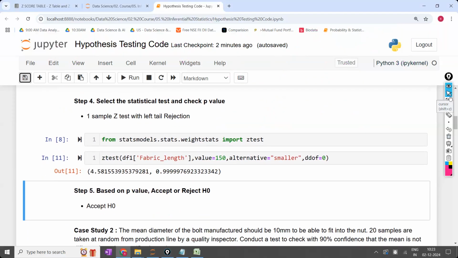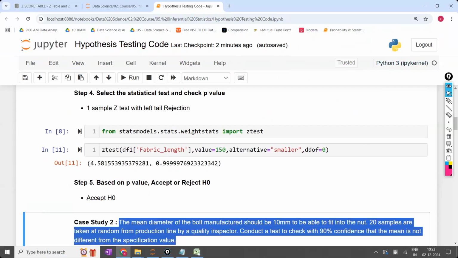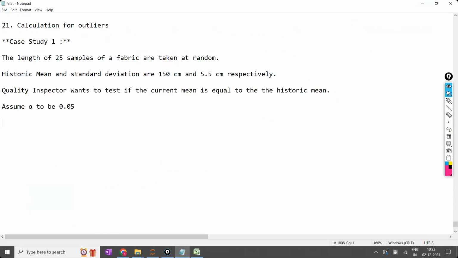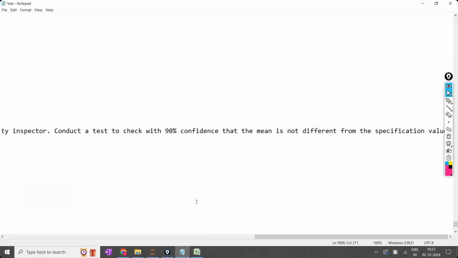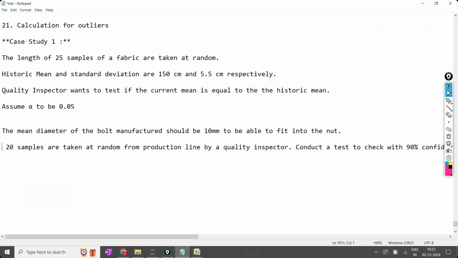Now, case study number 2. Again, I'm going to copy this question into the notepad. The mean diameter of a bolt manufactured should be 10 mm in order to fit into a nut. 20 samples are taken at random from the production line by a quality inspector.